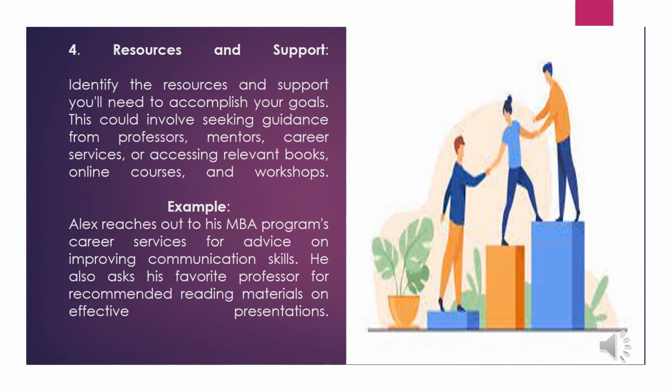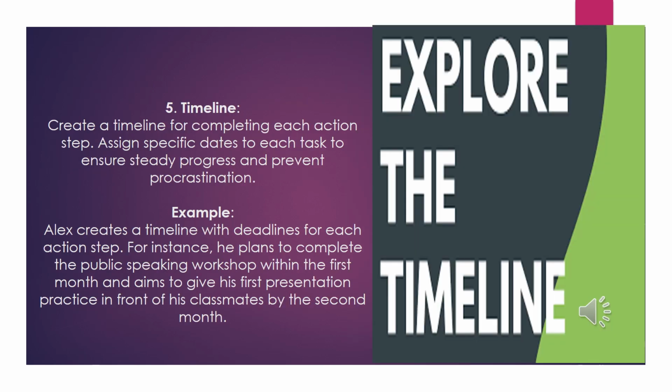So whenever you make your own development plan, your own PDP plan, you need to work out each and everything systematically. You need to make a very well structured plan for your life. If you want to avoid procrastination, then you need to go through the timeline. So what is a timeline in your action plan, which is a PDP plan?